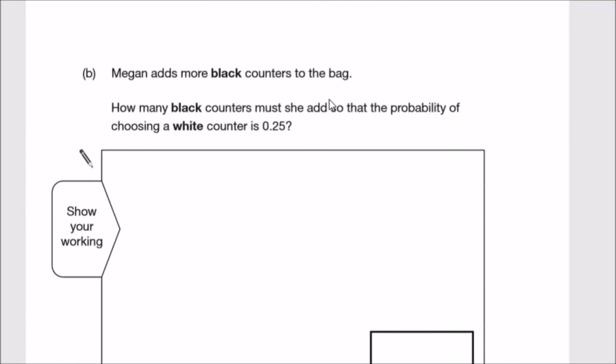Now Megan decides to add more black counters to the bag. How many black counters must she add so that the probability of choosing a white counter is 0.25? So if the probability of getting a white counter is now 0.25, it must be 0.75 to get black counters. Why? Because probabilities must always add up to 1.